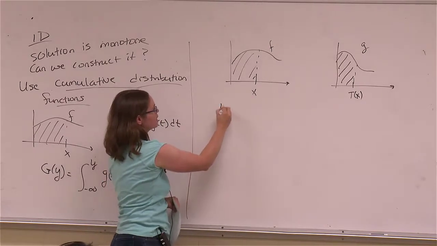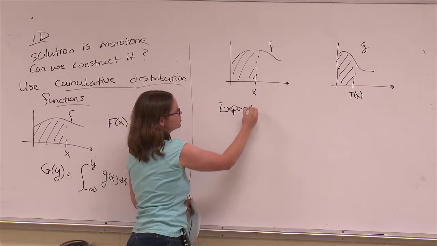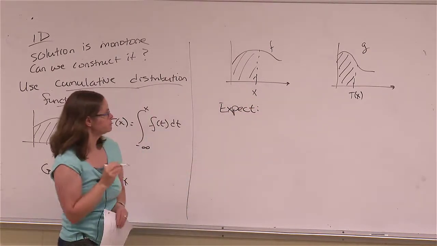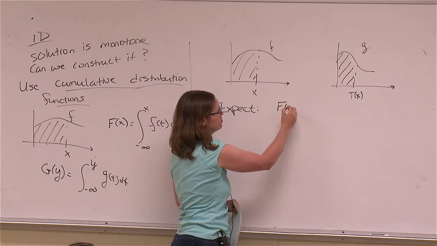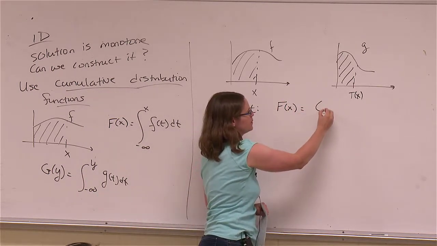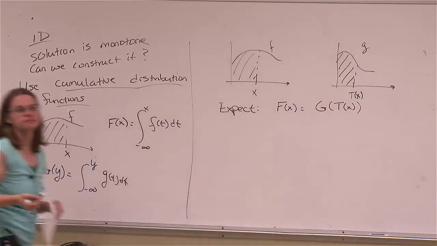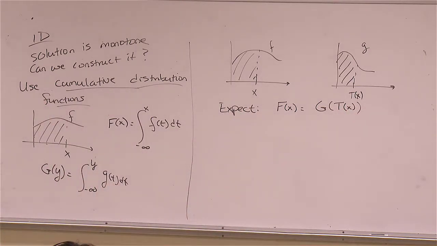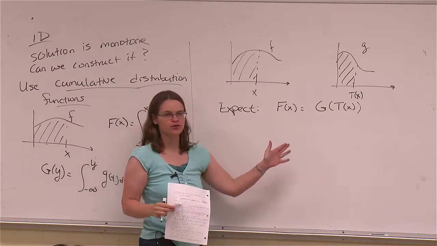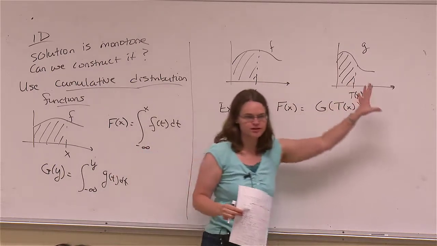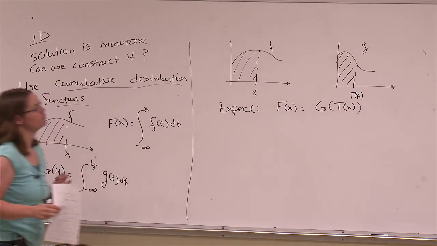So what do we expect? We expect that for a monotone mapping, capital F of x should be exactly equal to capital G of t of x. This seems reasonable, right? This is the only way we can do this in a monotone way. There's lots of ways of rearranging this into this, but only one of them is going to be monotone.